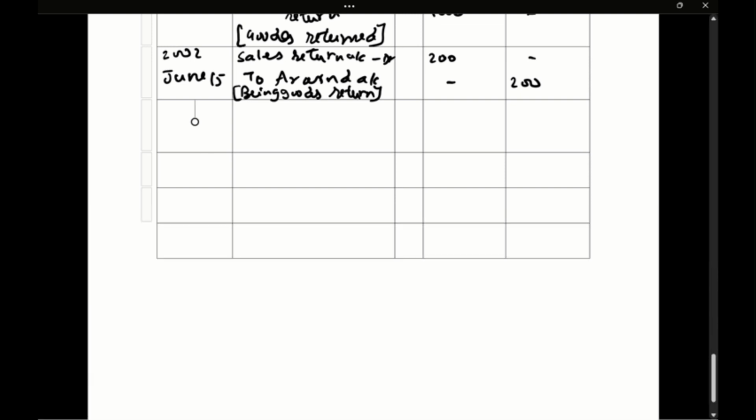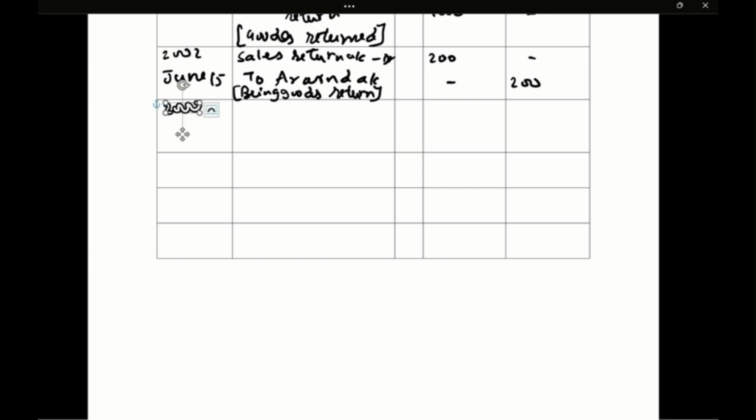So next entry we have cash received from Arvind and discount allowed to him. So June 18th. The entry will be cash account debtor, discount account debtor to Arvind account.